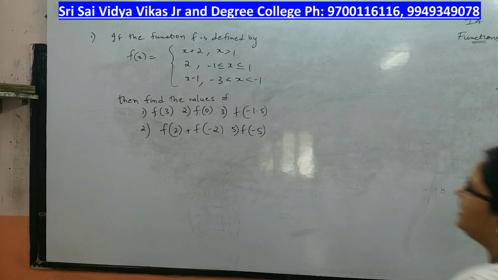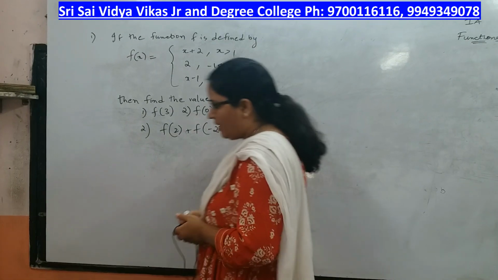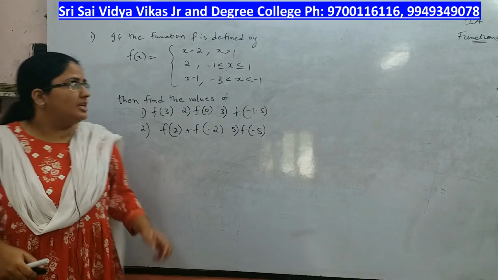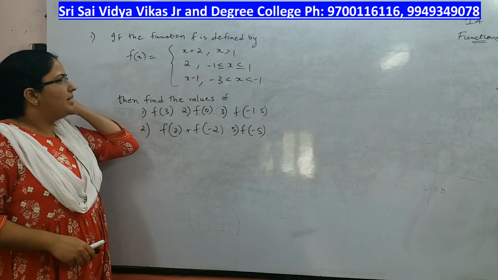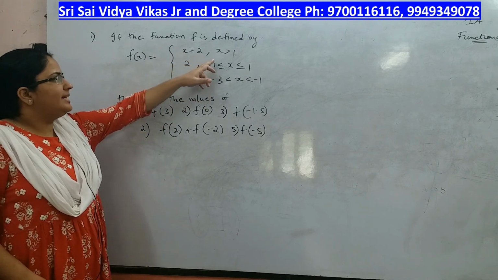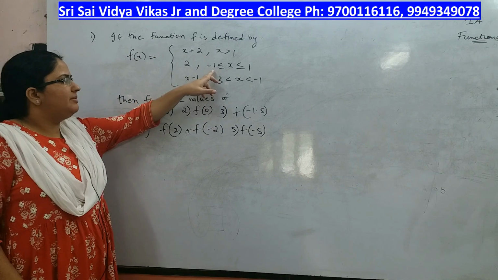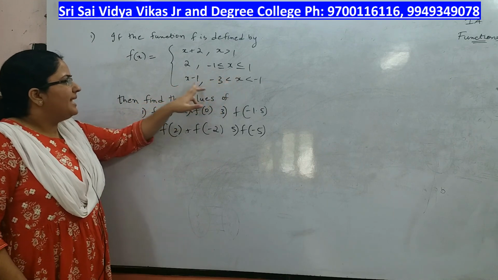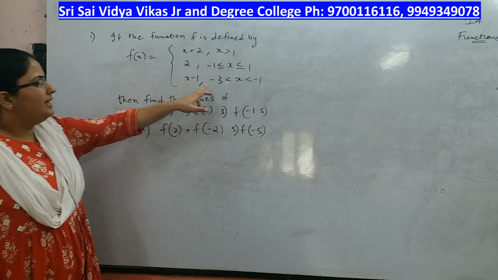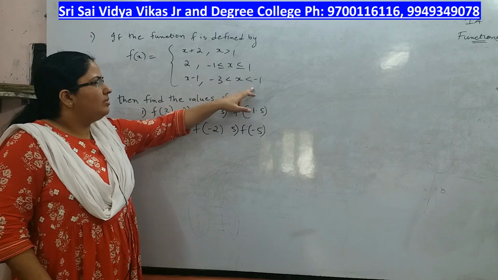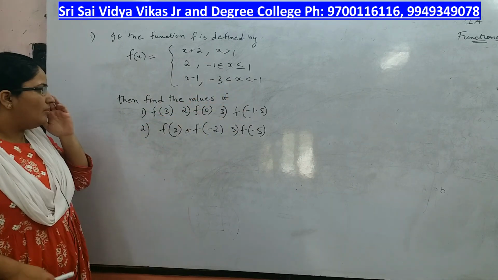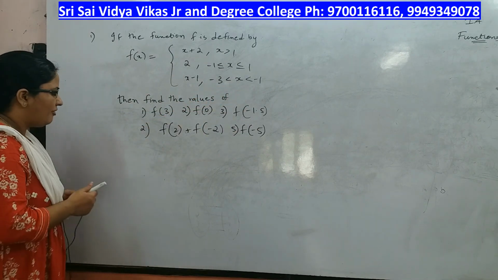Let us discuss the first problem in functions. You have f of x is a function defined by x plus 2 when x is greater than 1, 2 when x lies between minus 1 to 1, x minus 1 when x lies between minus 3 to minus 1. Now, what is f of 3?